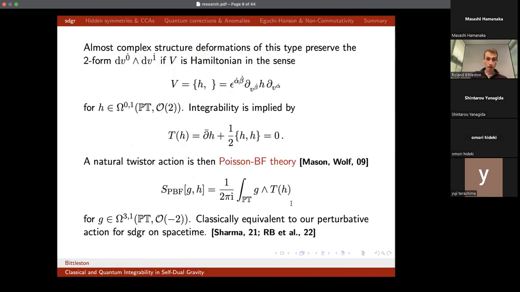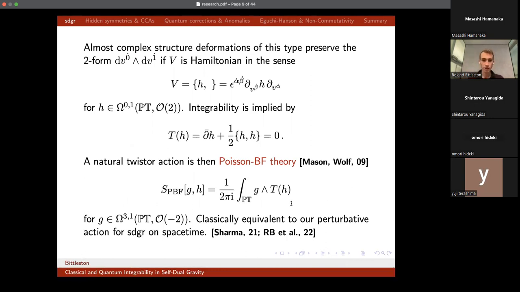But I'm interested in deformations of the metric on space-time which are self-dual Ricci flat. And we said that on twistor space, those don't just correspond to generic complex structure deformations, they correspond to complex structure deformations which preserve a fibration over P1 and which have this O(2)-valued symplectic form.